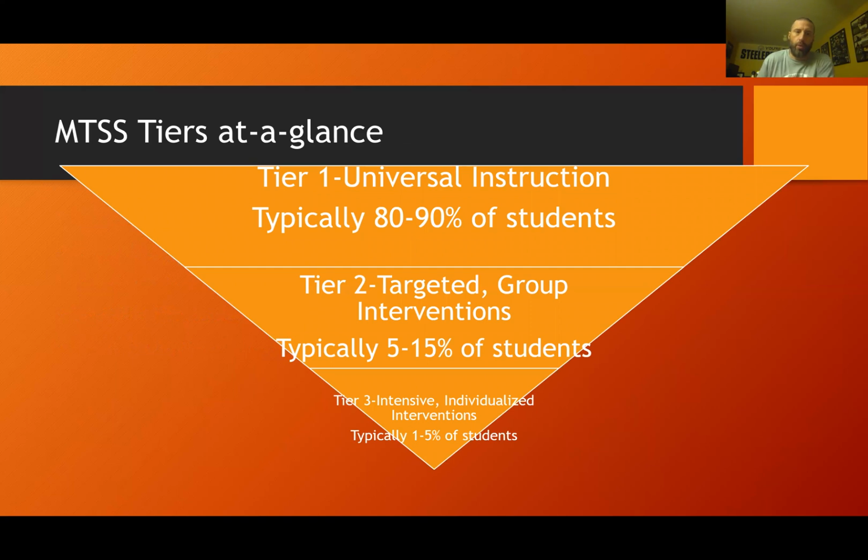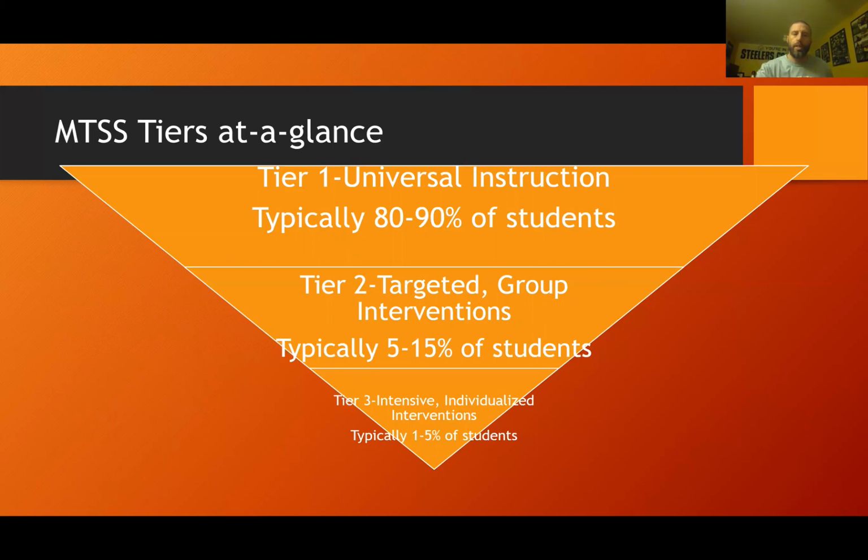Overall, this is what it's going to look like. We're going to do our screening, and we're going to have the 3 tiers of this particular system. So tier 1 is going to be the universal instruction, the stuff that happens every day in the classroom, like normal. And hopefully, in a typical school, this is going to be sufficient for 80 to 90% of our students.